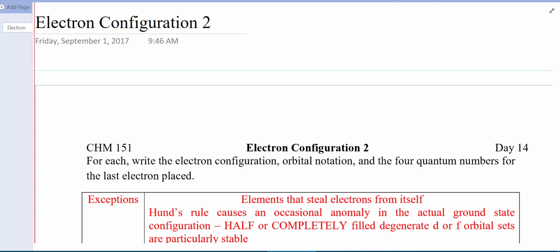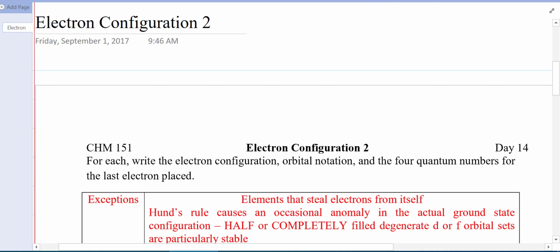Where we're going to look at some of the anomalies of the electron configuration, where atoms aren't actually observed doing the predicted behavior. Hund's rule causes an occasional anomaly, because these d orbitals don't always act like we expect them to.